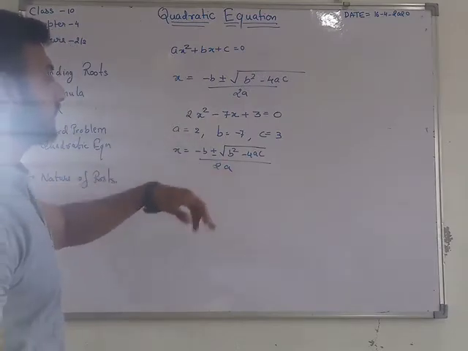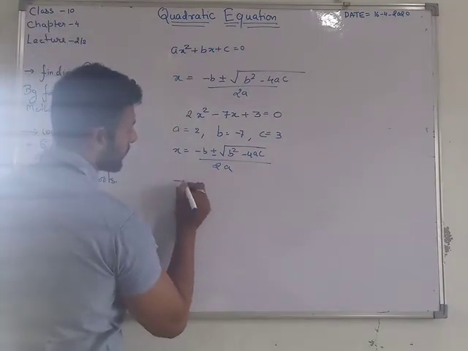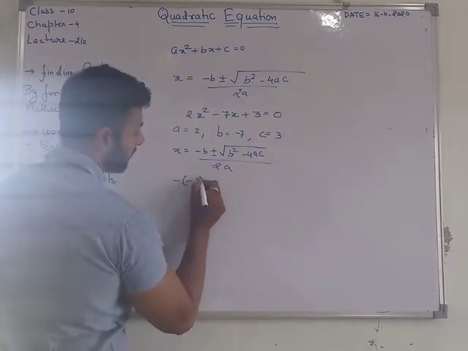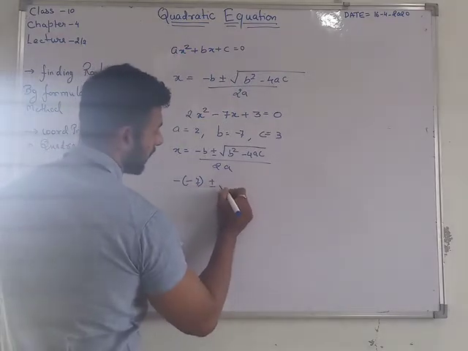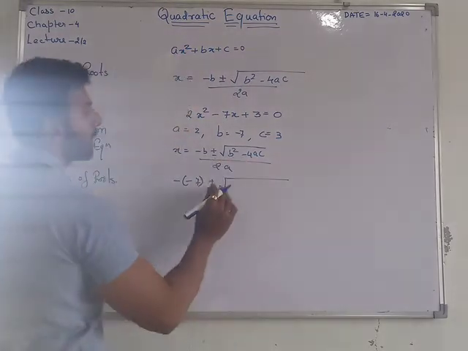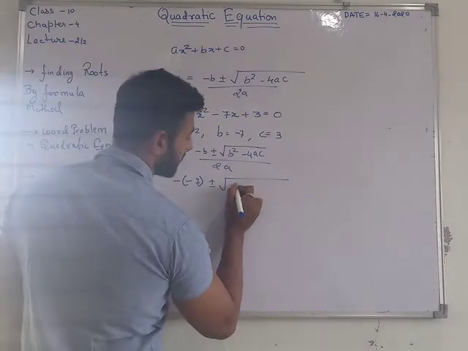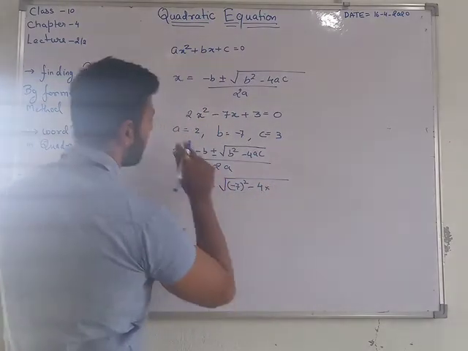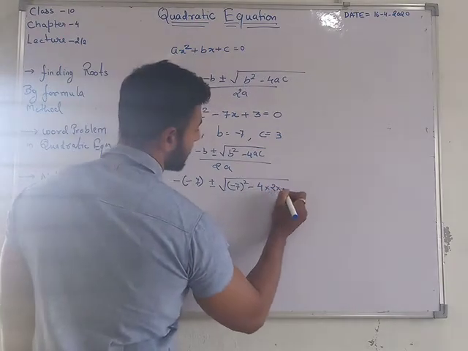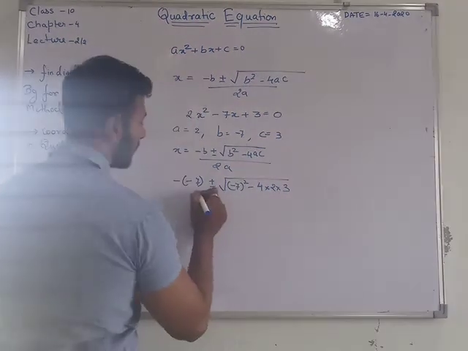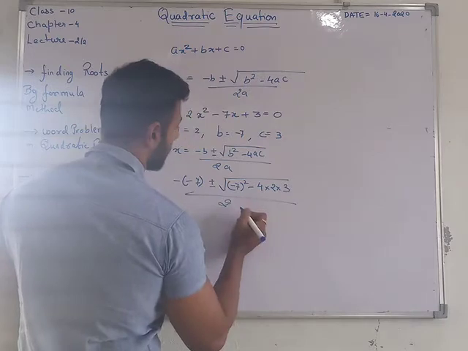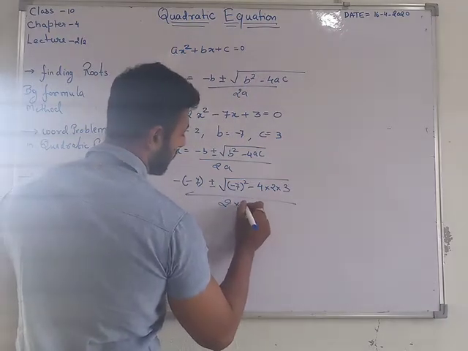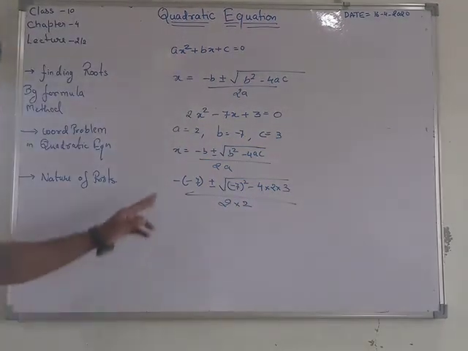Now substituting these values, minus b will be minus of minus 7, plus minus under root b square. b square will be minus 7 square, minus 4, a is 2 and c is 3, divided by twice of a, a is 2.